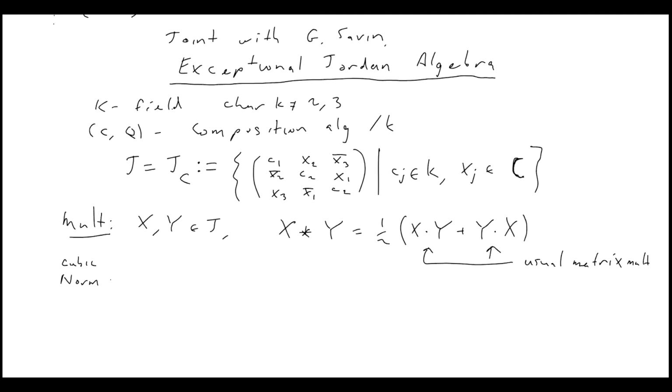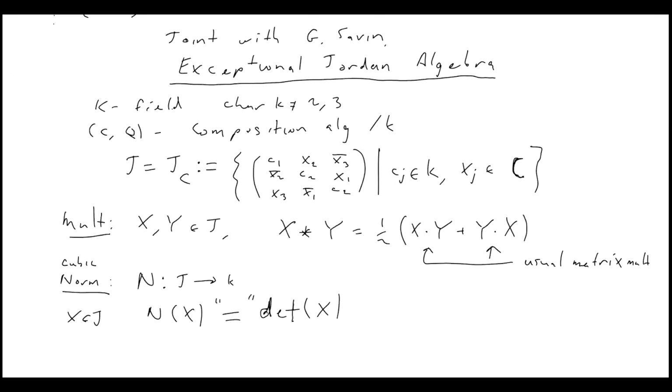So this Jordan algebra also comes with a cubic norm, which is going to be a map from J to the base field K. If we have an element of our Jordan algebra, I'm not going to write down the formula for this, but this thing basically looks like the determinant of the matrix X. Now you have to be a little bit careful about this because the composition algebra may be non-associative, but you can write down a formula.